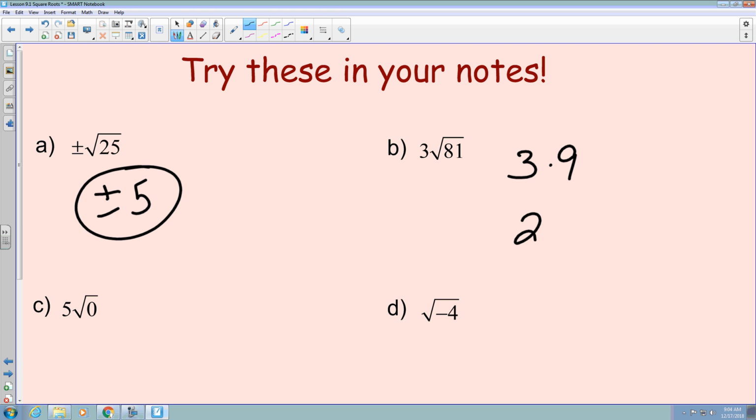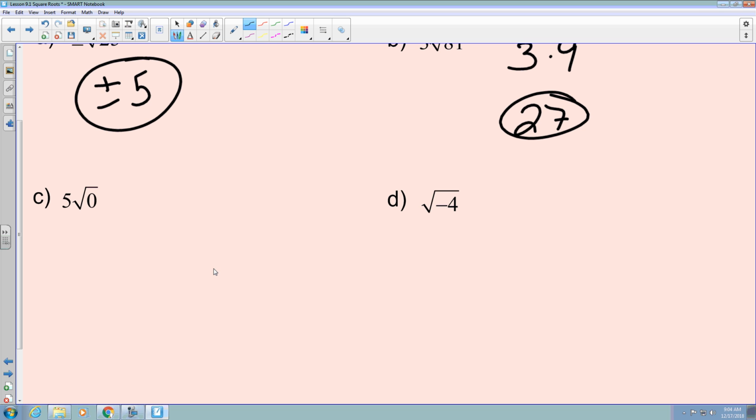And 3 times 9 is 27. Over here, I got 5. That gets multiplied by the square root of 0. That's just 0. Well, 5 times 0 is 0. And then for D, now we have the negative value on the inside. Anytime you have that, we have no solution.